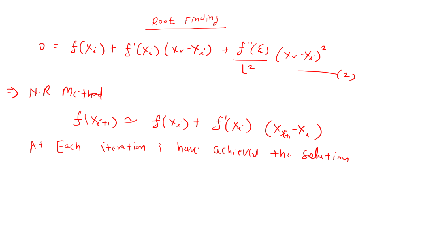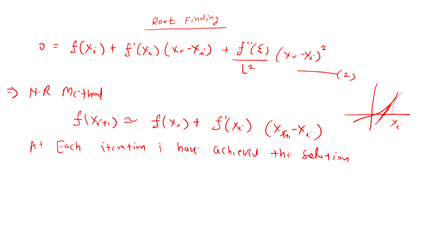If you remember, let us say this was my curve, and I approximated this curve with this line, that is the tangent at the guessed value. This is the guessed value, and I approximated the curve with this line for this particular iteration, and wherever this line hits the axis, that is taken as the root.